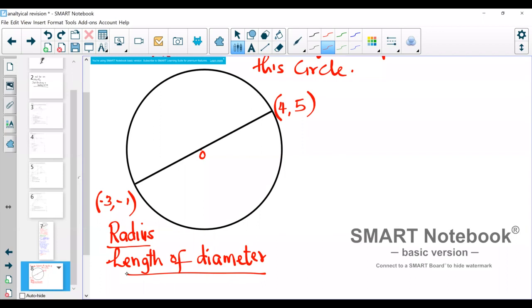I'm waiting for answers, guys. I want the length of the diameter so that everyone is working with me. That is how I teach. Everyone should work. You type your answer quickly once you're done, because I can see all your answers from where I am.